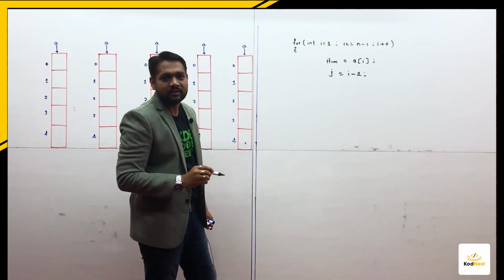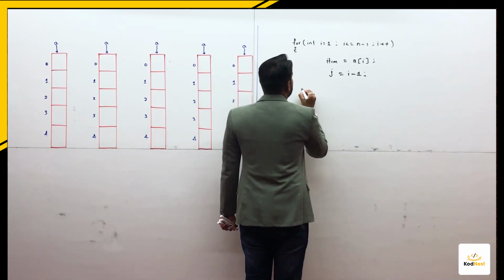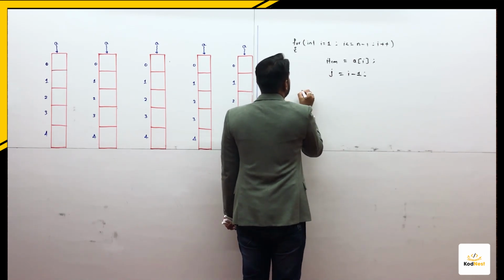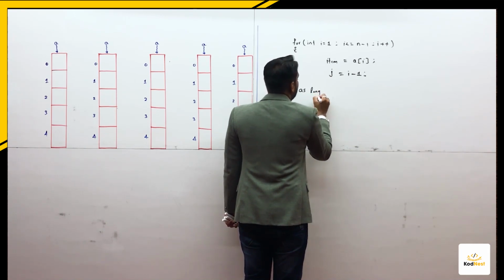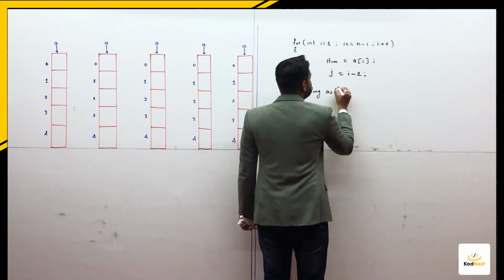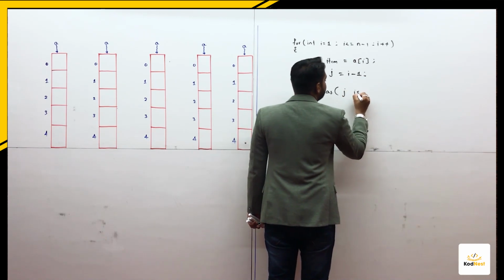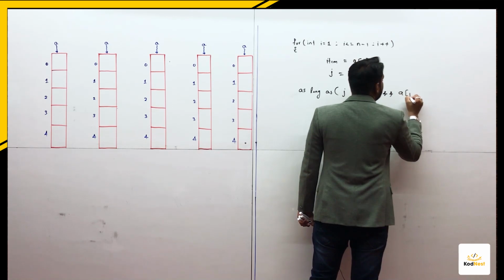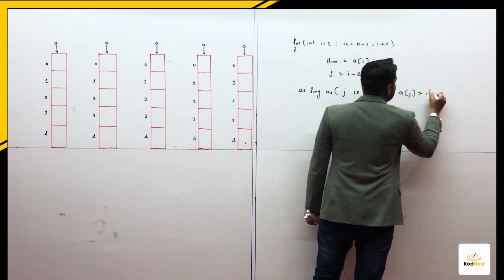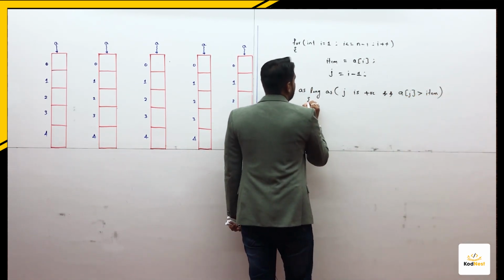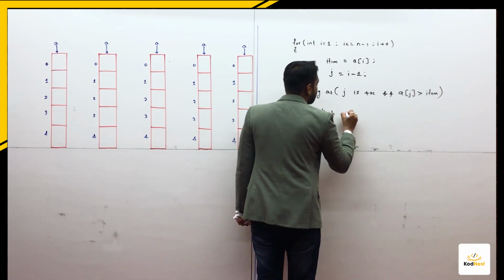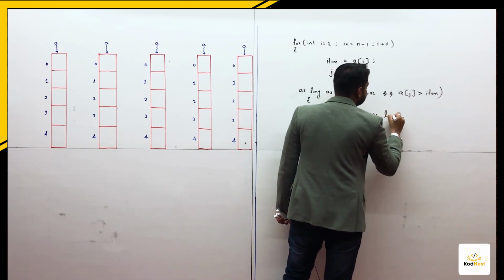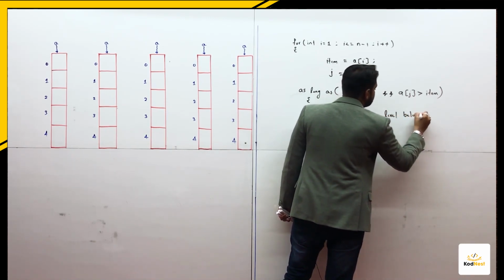After placing j one level before i, you have to enter a loop. Which loop, if you ask me, a while loop. Look, as long as this j is positive and this array of j is greater than item, I have to push that array of j one level below, it seems.